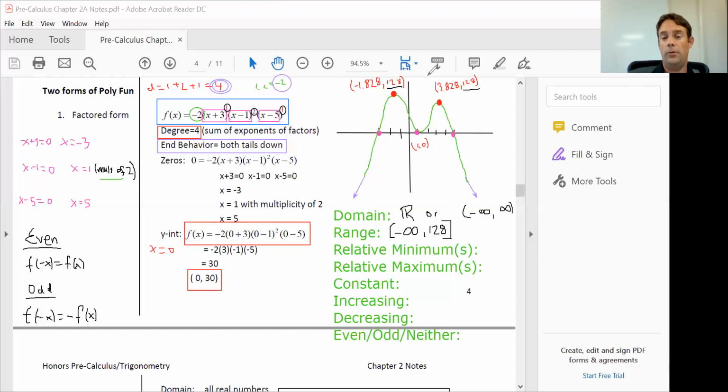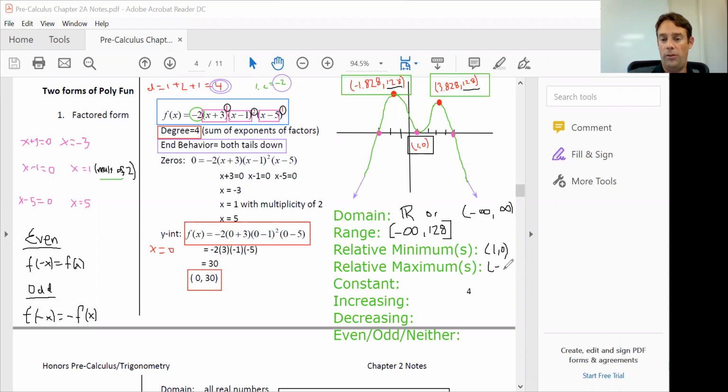Relative minimums. Where's the bottom of the hill at? Well, I have one of those, friends. That's 1, 0. I have one relative min. My relative maxes, notice, I got a couple of them. And you can have more than one, so don't worry about it. It's totally okay to have more than one.